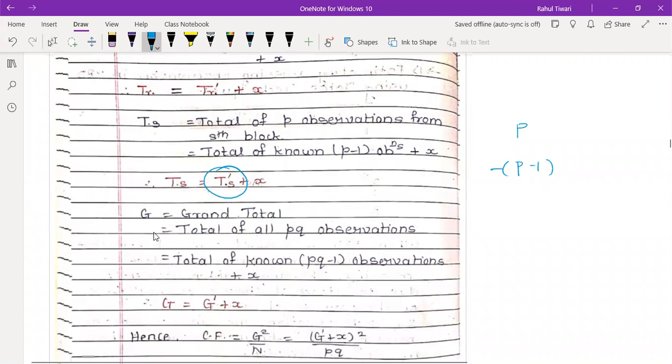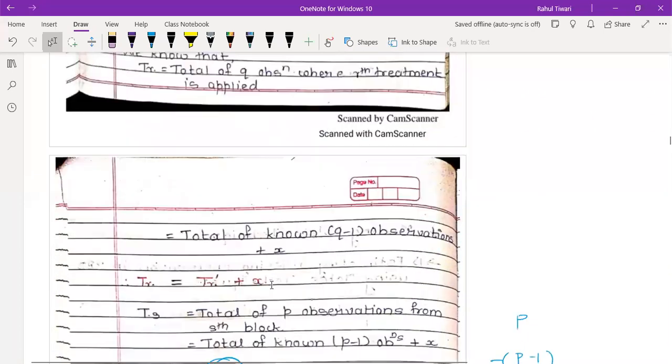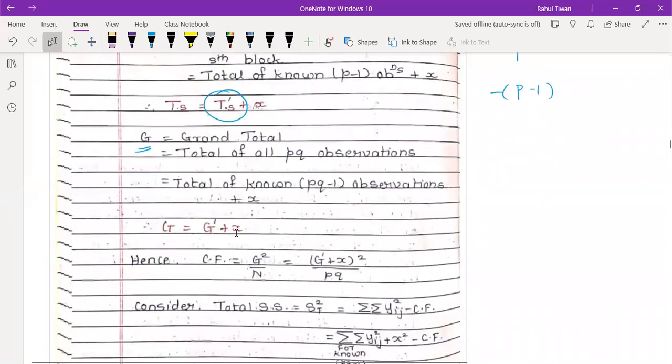And you know about the grand total. The grand total is simply the total of all PQ observations. Since one observation is missing, whatever the total is, you have to subtract one observation and add X, which gives the simple notation G dash plus X. You can see that everywhere we have a dash term plus X, and we try to compute that X. What is the formula for the correction factor?